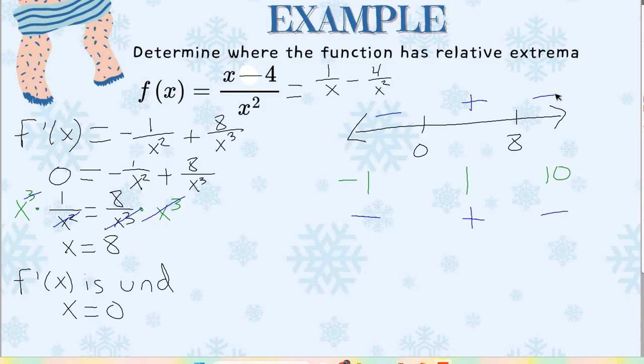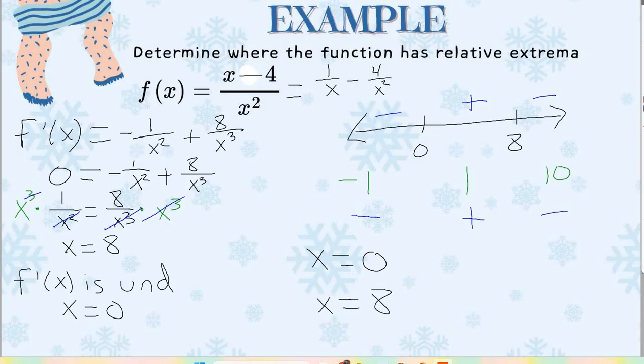And now the other thing that we have to consider is, right now, I have x equals 0 and x equals 8. Because f prime was not differentiable at x equals 0, I have to go back to my original function and decide, were we not differentiable because we have an absolute value or a sharp turn, or were we not differentiable because we were not continuous?